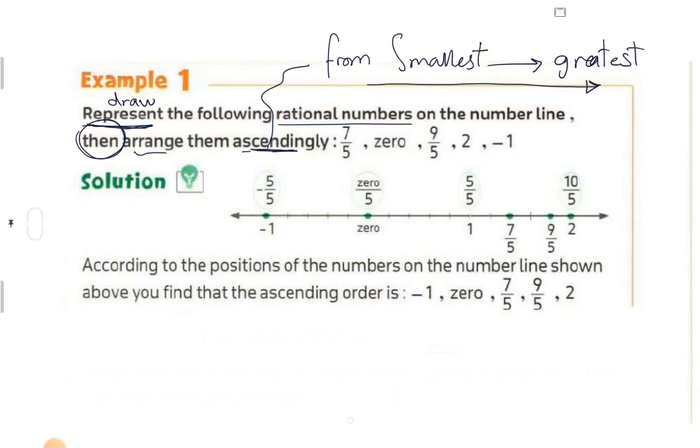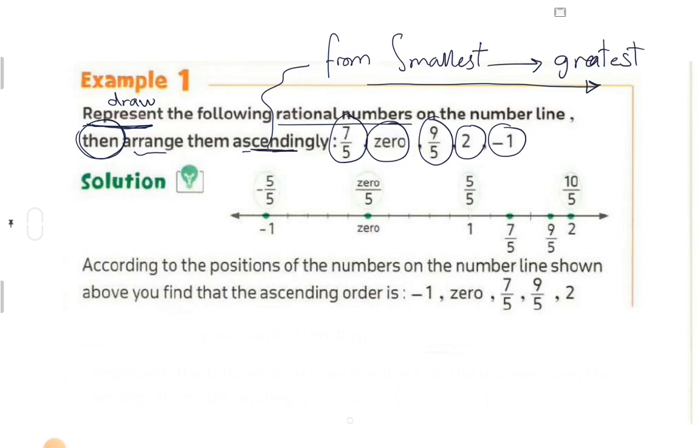Solution. First, draw the number line like that. Put 0, 1, 2 and negative 1. Why put these numbers? Because look here, we have 7 over 5, 0, 9 over 5, 2, negative 1.